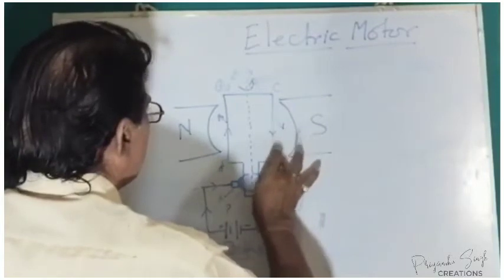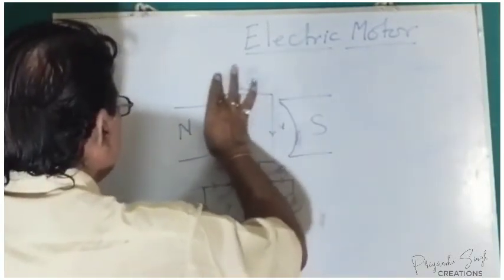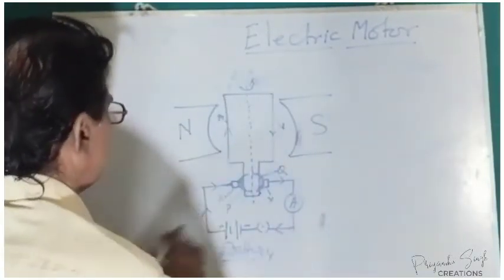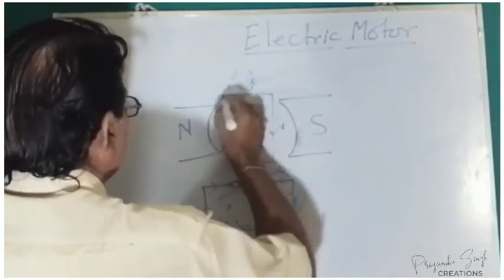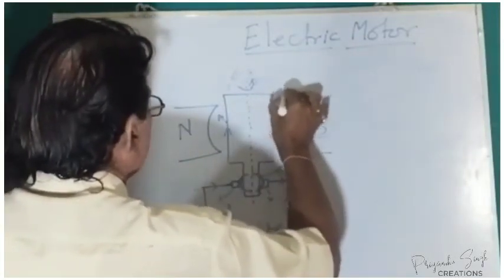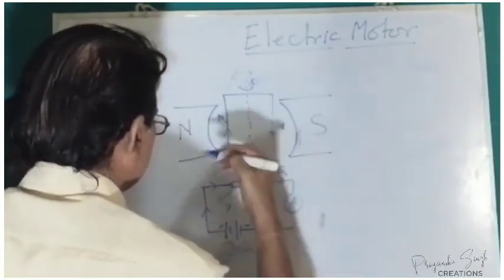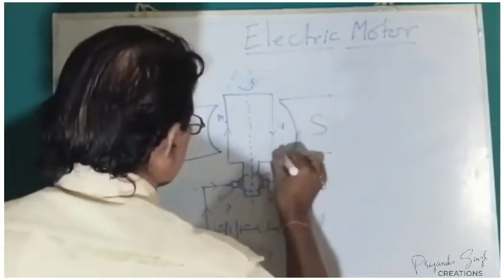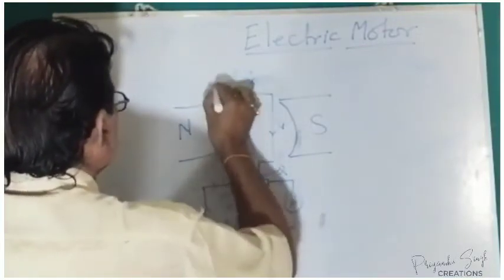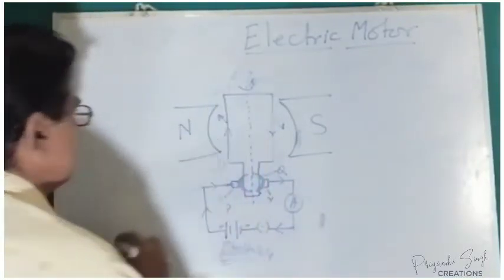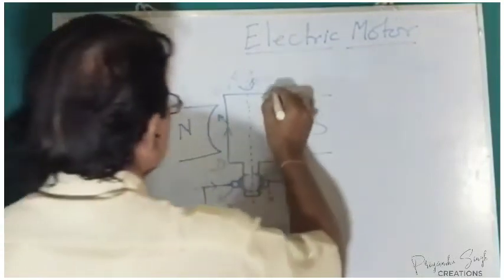So we may represent this by this notation: B, A, C, D.